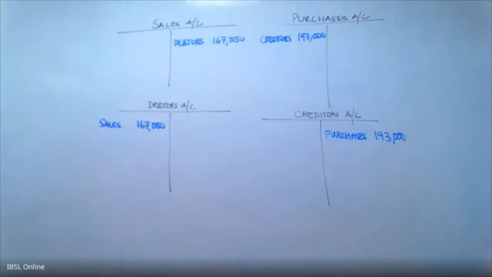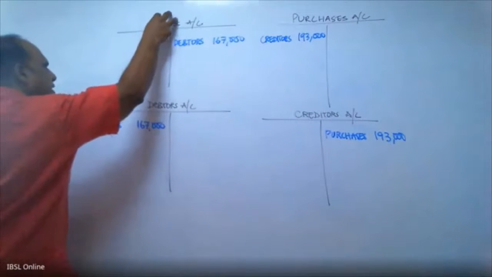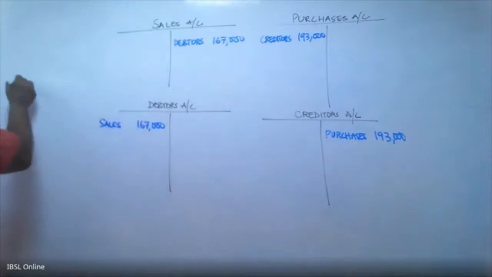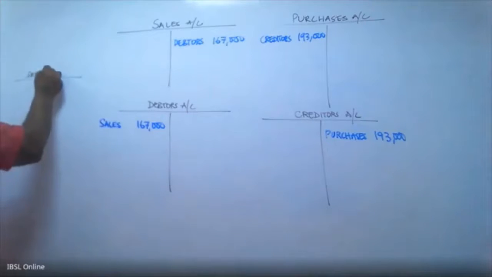Subsequent to that, what happens? There is a return. Sales return day book gives you a return of 12,000. That 12,000, I will not go and reduce in my sales account. I open another account called sales return.